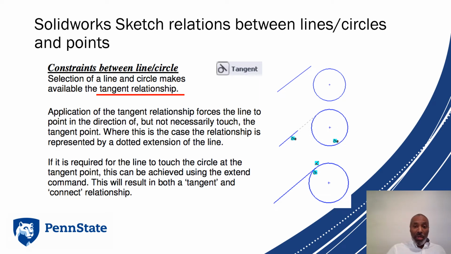Between a point and a line or a circle, we can also have a coincident called tangent, where the line is either tangent to the point and doesn't touch it, or tangent to the point and does touch it, as shown here. Tangent but not touching, or tangent but touching.